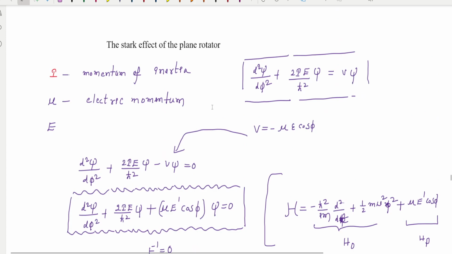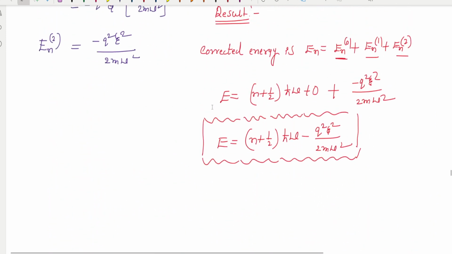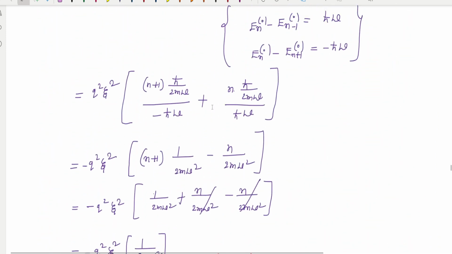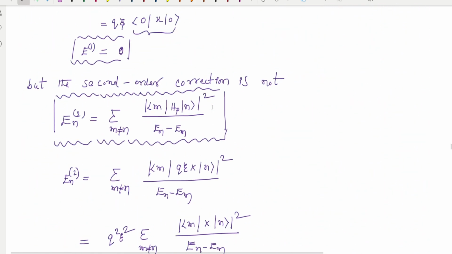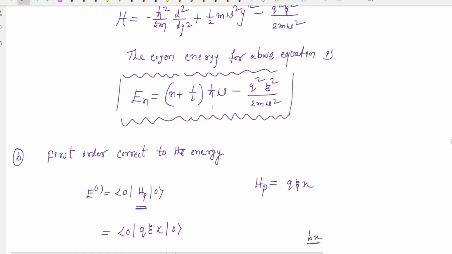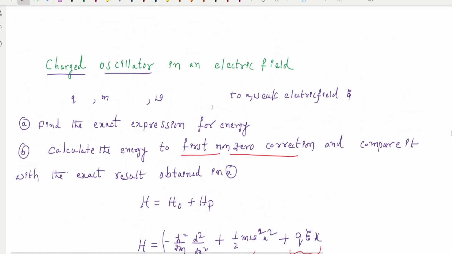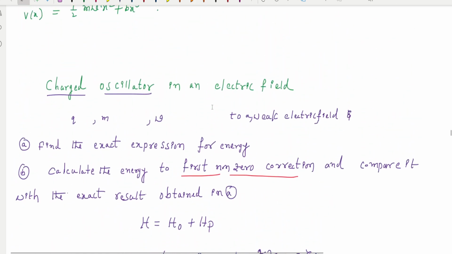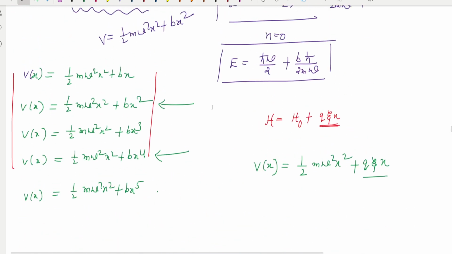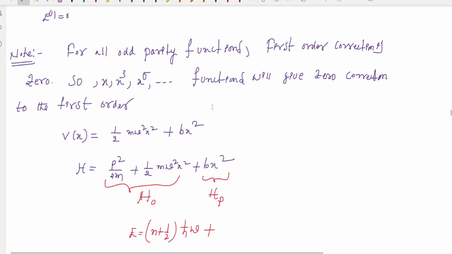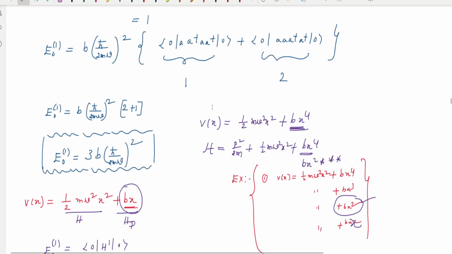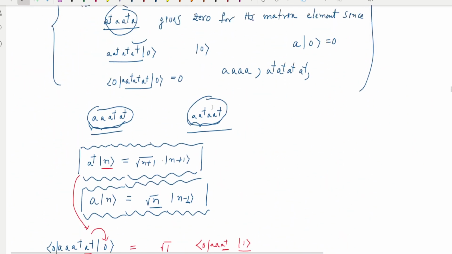Torque effect of plane rotator, charged oscillator in an electric field, anharmonic oscillator. These are examples of non-degeneracy cases.